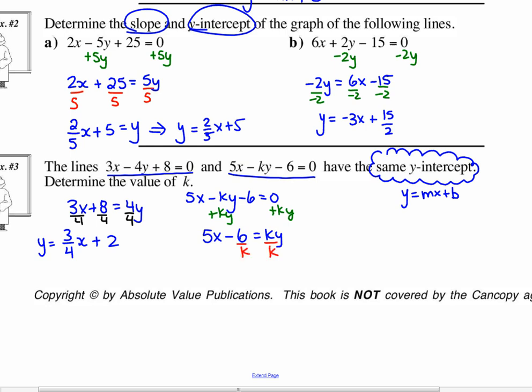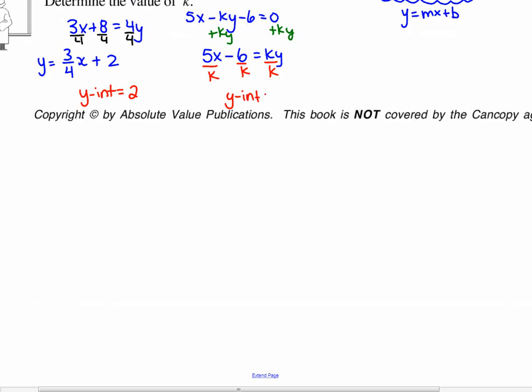All right. So they tell us what about these two lines? Same y-intercept. What's the y-intercept of this line here? 2. What's the y-intercept here? Well, it's equal to negative 6 divided by k. Okay?